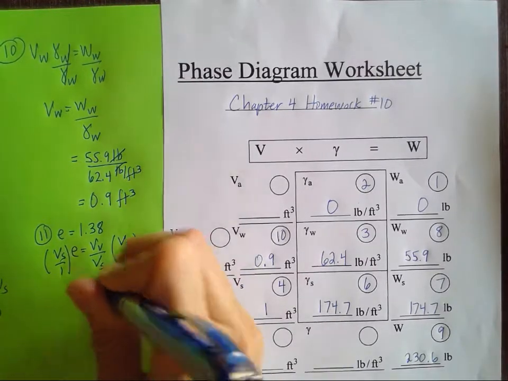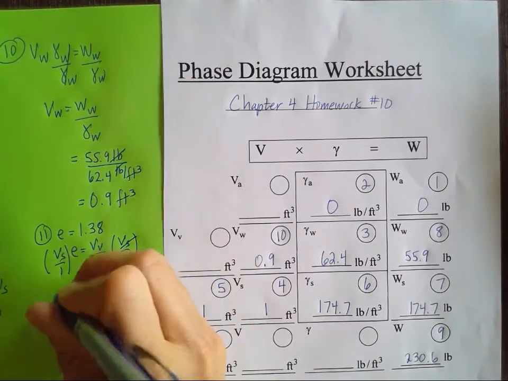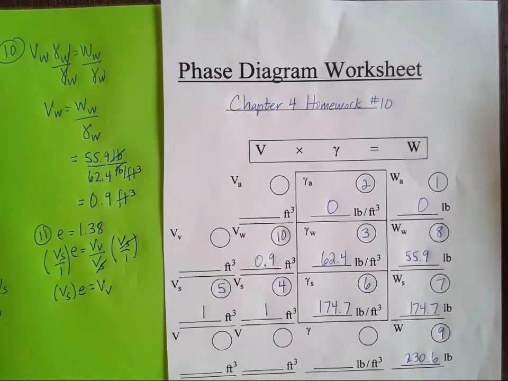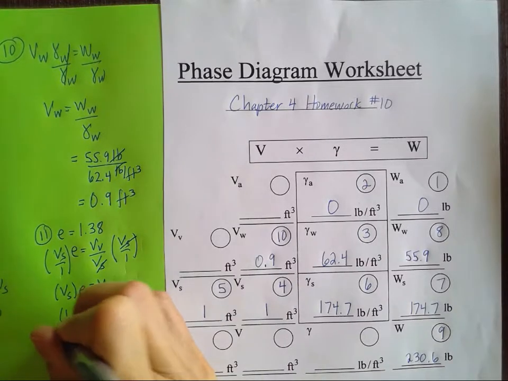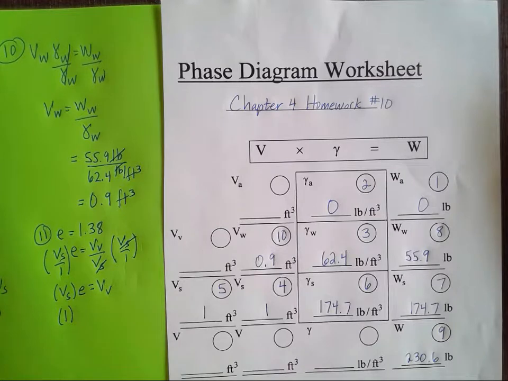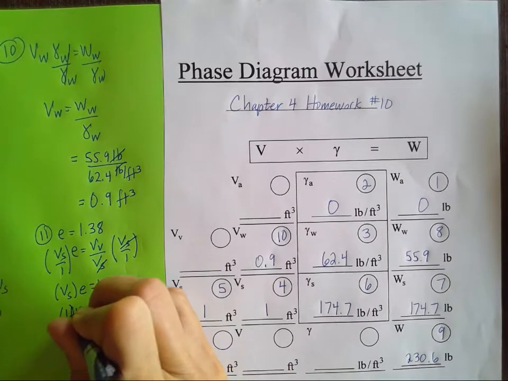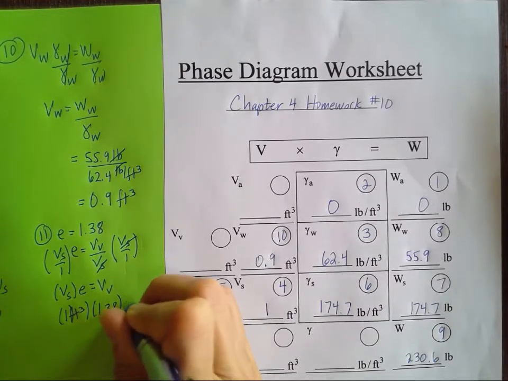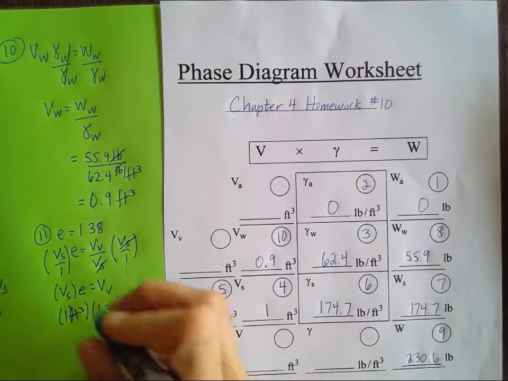So my volume of the voids, volumes of the solids will cancel out then. It's going to be volume of the solids times that void ratio. And if you think about it, again, that void ratio is how much of those solids. So let's do 1 times, I'm sorry, the volume of the solids, 1 cubic foot times 1.38, and that's going to be the volume of the voids, and so that's pretty easy.